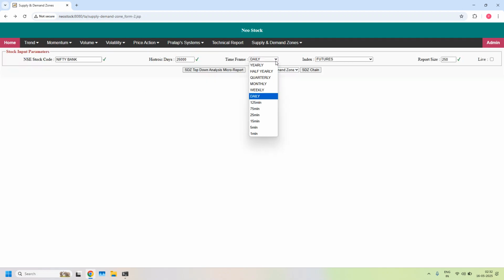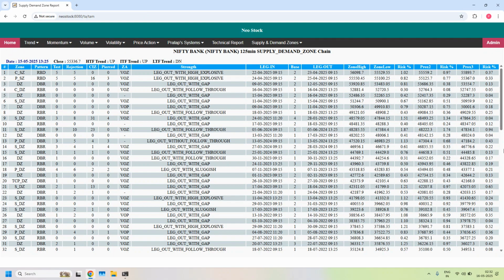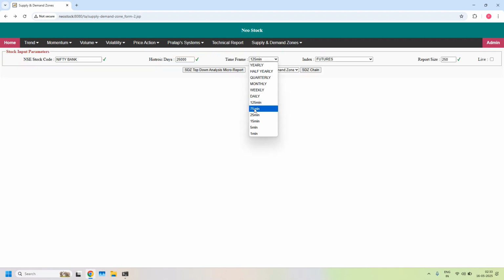Next, 125-minute supply demand zone chain for Bank Nifty. Next, 75-minute supply demand zone chain for Bank Nifty.